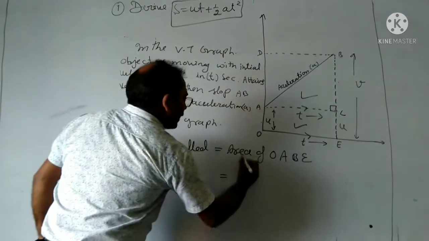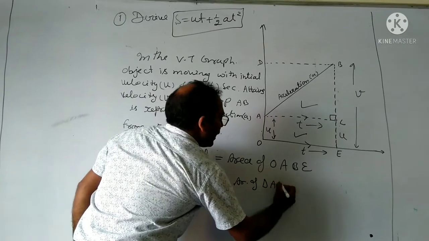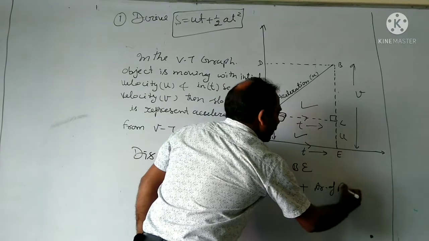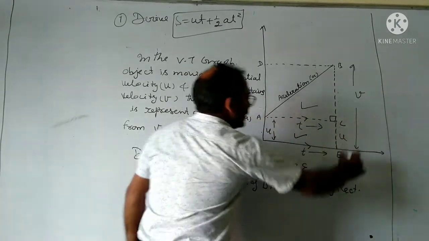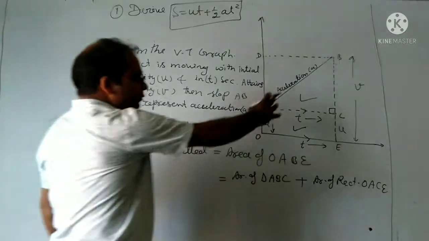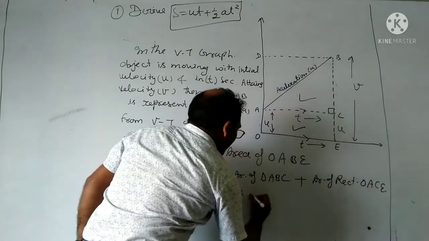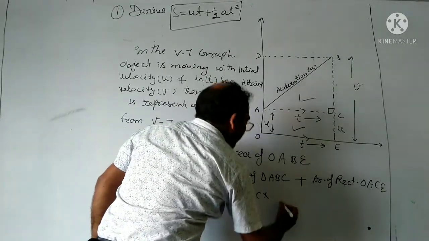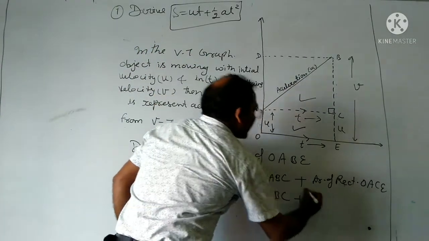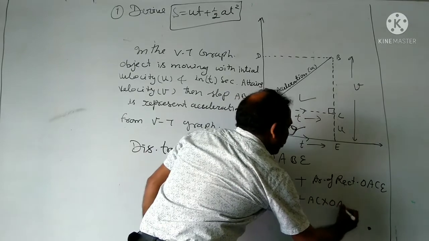So the area is the area of triangle ABC plus the area of rectangle OACE. The area of a triangle, you know, students, is 1 upon 2 base into height, that is BC, and the area of a rectangle is length into breadth, AC into OA.